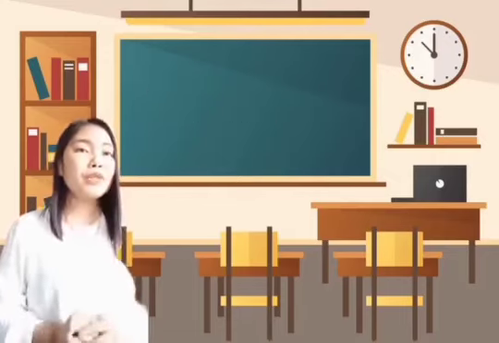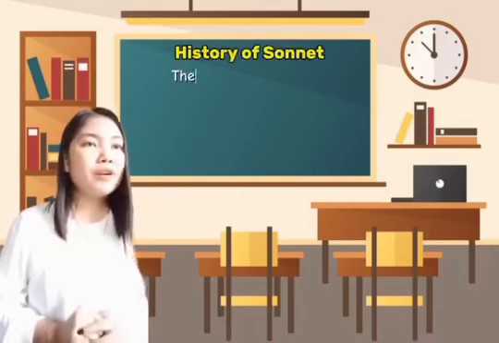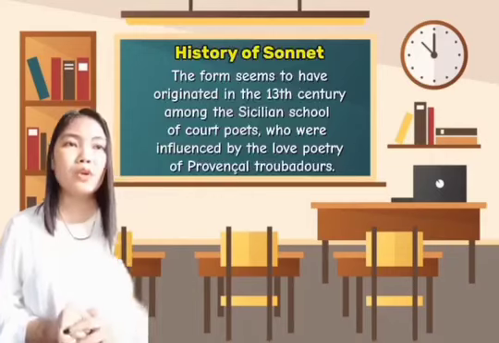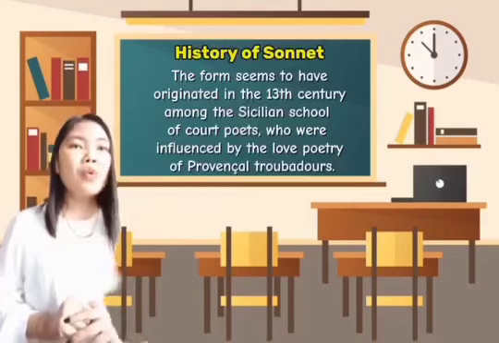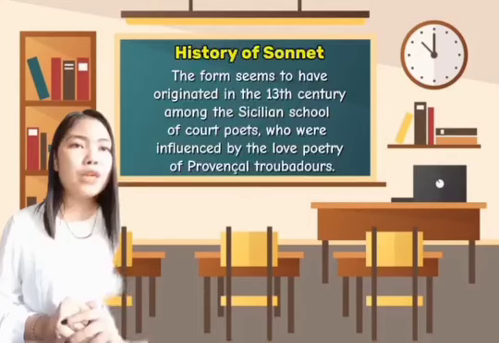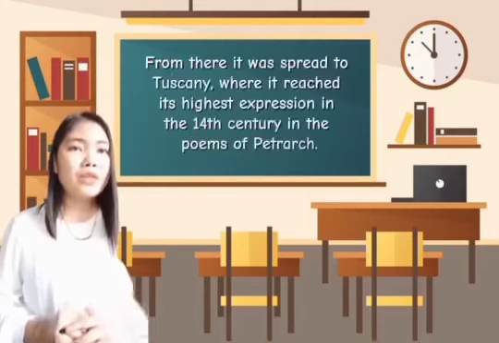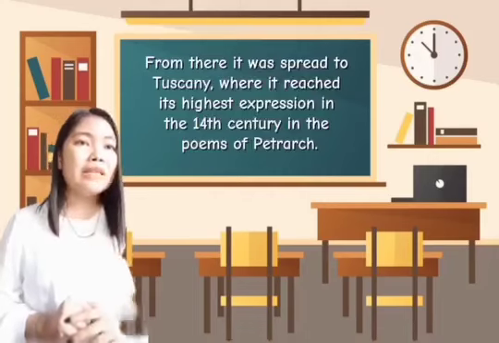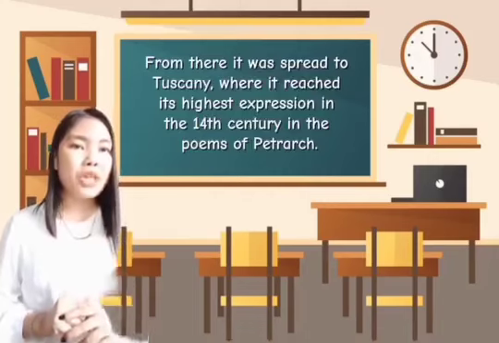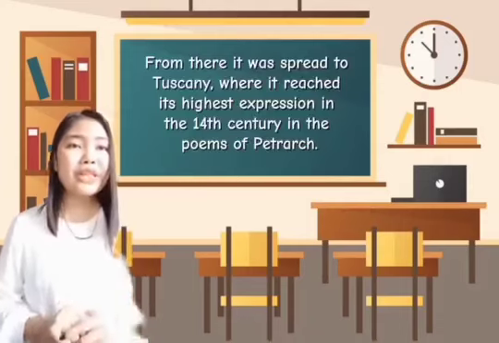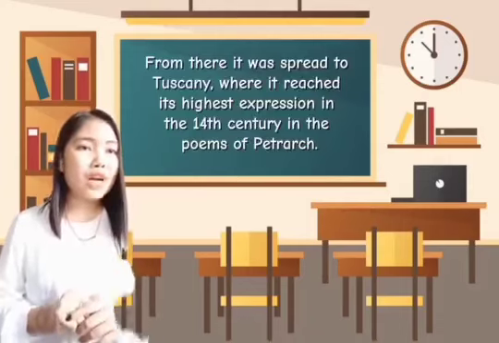Let's move on to the history of the sonnet. The form seems to have originated in the 13th century among the Sicilian school of court poets, who were influenced by the love poetry of the provincial troubadours. From there, it spread to Tuscany, where it reached its highest expression in the 14th century in the poems of Petrarch.